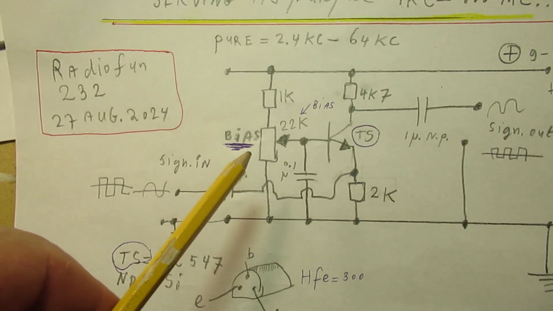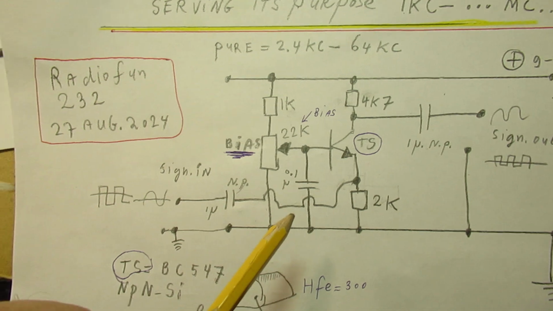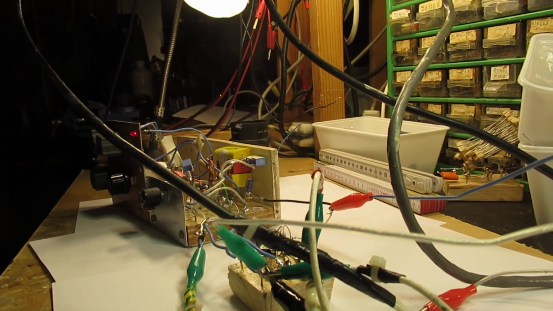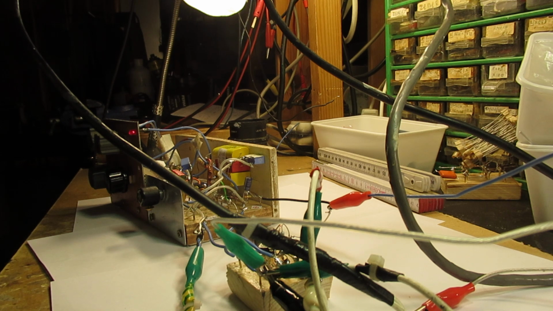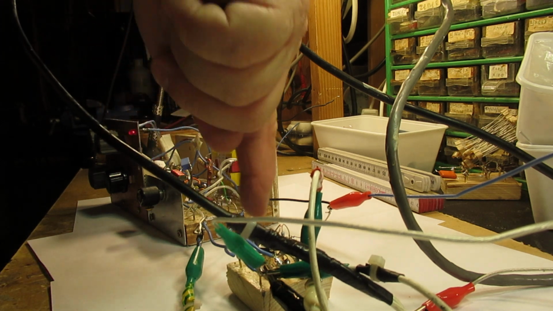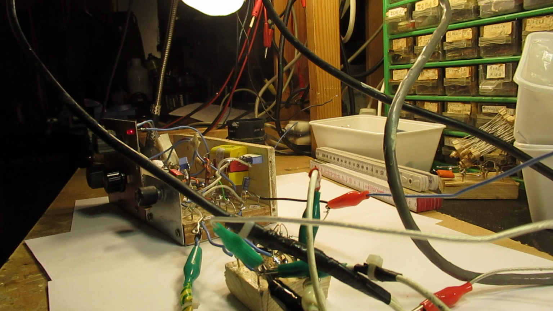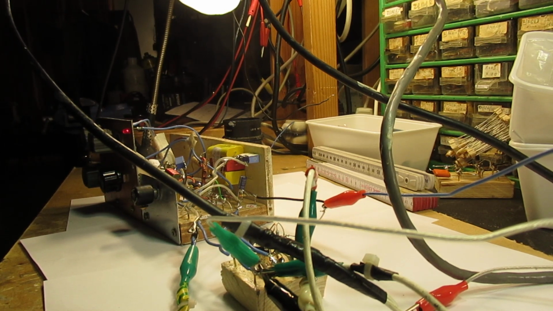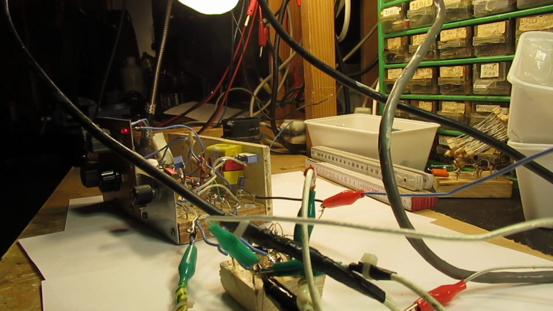Well, the purity of the waveform changes, etc., etc. And well, I have to take a screwdriver now to move here that potentiometer. Anyway, it takes some time, of course.